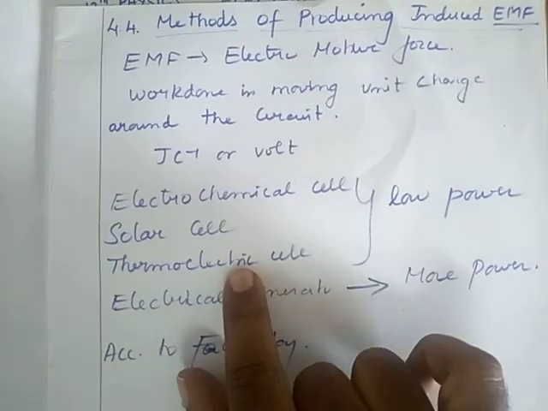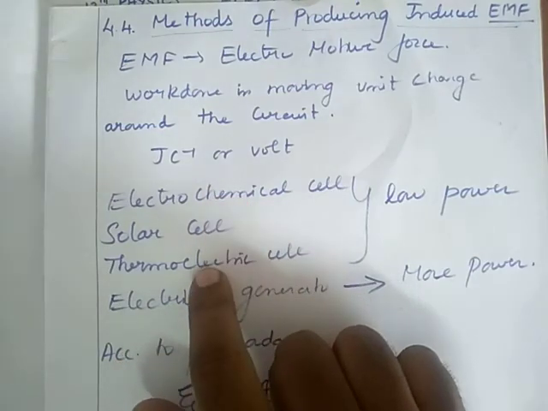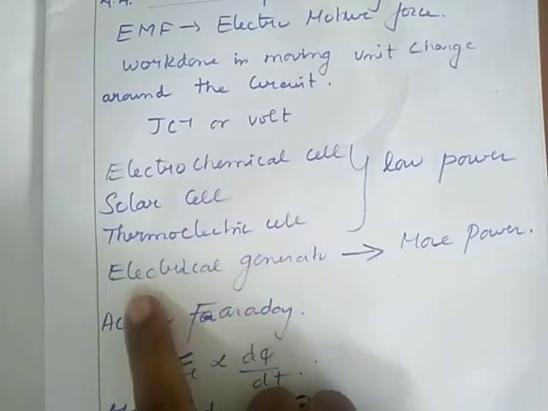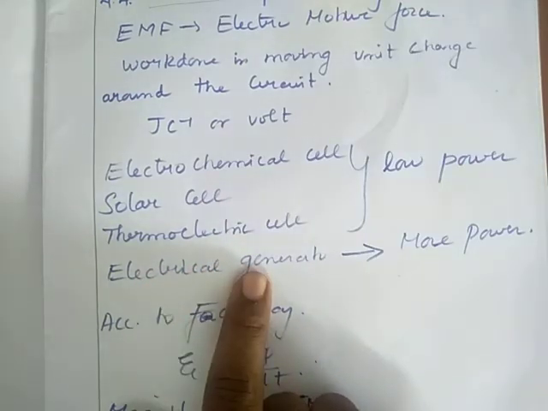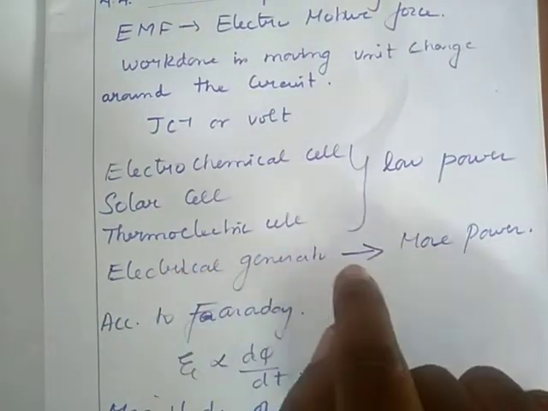The first three can produce only low power, and only DC, direct current, but by using the electrical generator we can produce AC, that is alternating current. Let us see it later. We can produce more power with the help of the electrical generator.